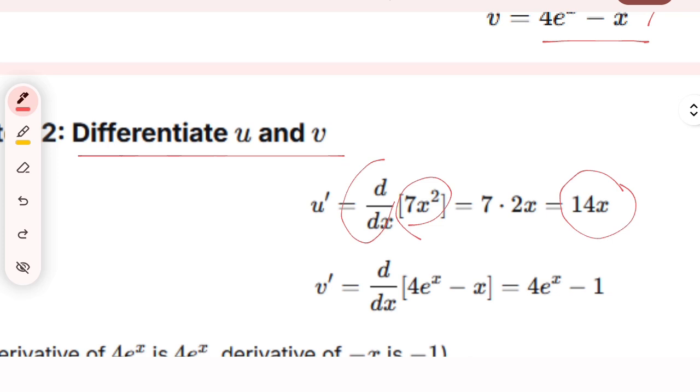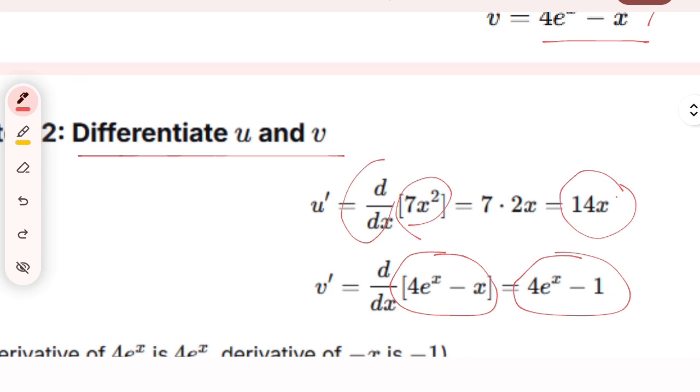What is the derivative of the denominator? The denominator is 4 to the x minus x. What's the derivative of 4 to the x minus x? It is equal to 4 to the x minus 1.